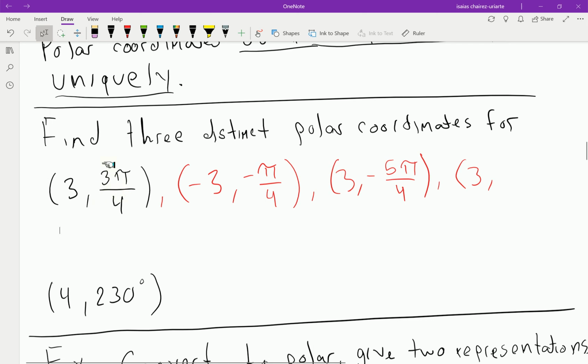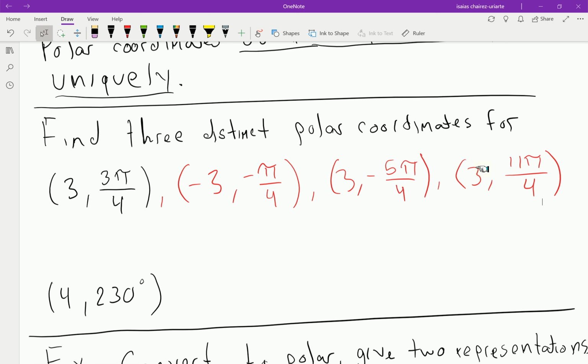Let me just add 2π to 3π/4. 2π would be 8π/4, and 8π/4 plus 3π/4 would be 11π/4. And they all represent the same point in the polar plane.